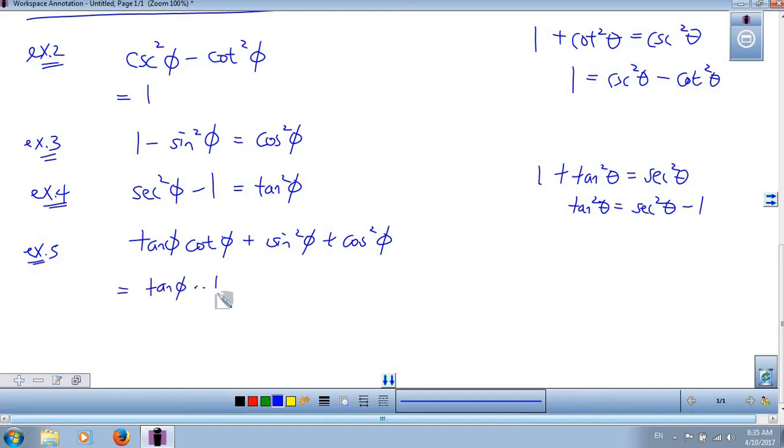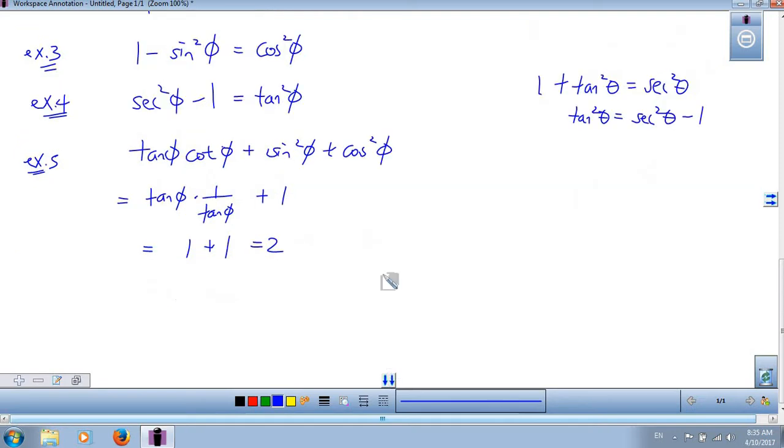So cotangent is 1 over tangent. And there's a Pythagorean identity that tells us sine square phi plus cosine square phi is equal to 1. Tangent times 1 over tangent, they cancel each other out, so it's 1 plus 1. So the final answer for this expression is simply 2.